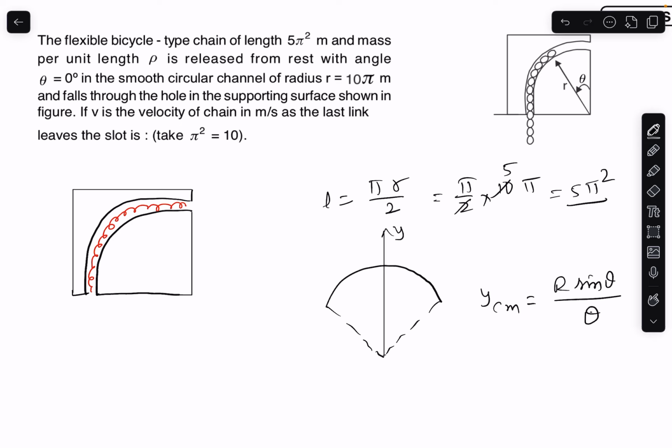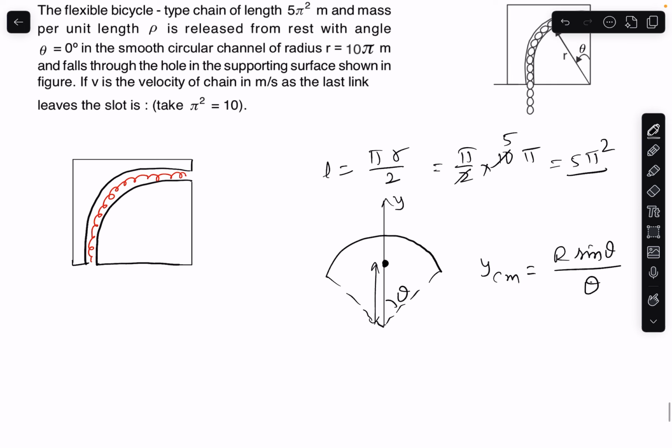So if we take the y axis along this, the angle is θ, then y_CM will lie somewhere here, and it is given by r sin θ divided by θ. Small r and θ in this case will be π by 4. So sin 45 degrees will be 1 by root 2, multiplied by 4 by π. And if you solve this, you get 2 root 2 r upon π.